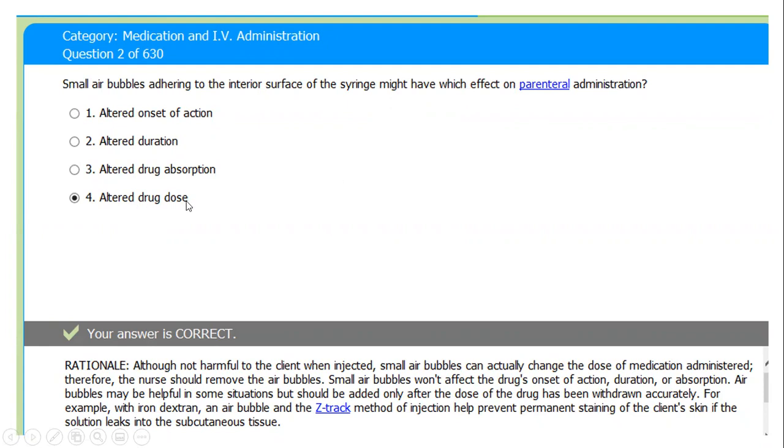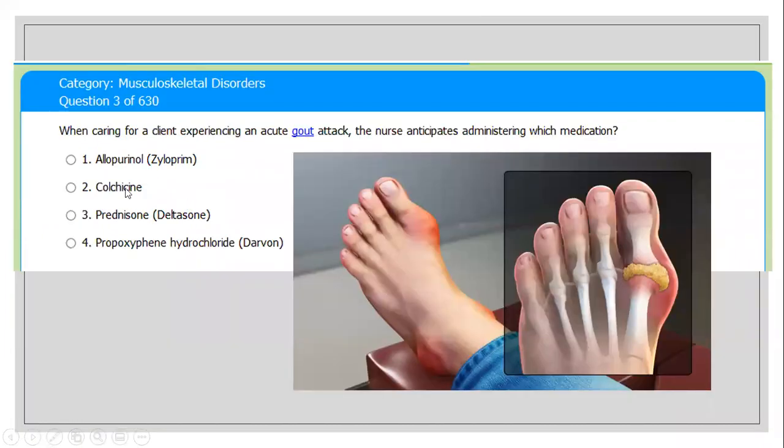So basically, the effect the bubble has on parenteral medication is that it alters the dose. Another question here: when caring for acute exacerbation of gout, the nurse anticipates administering which medication?